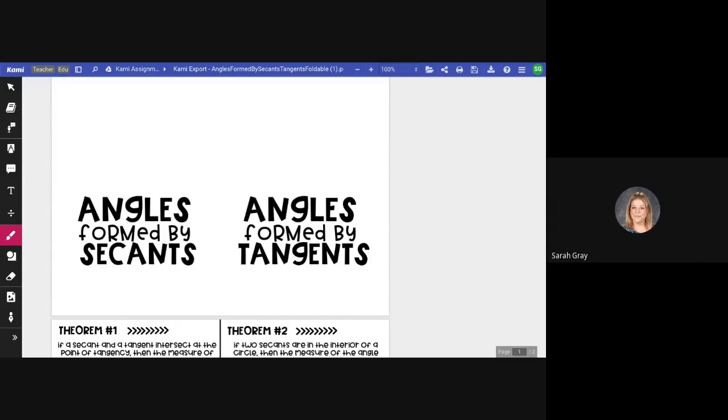So we are working on angles formed by secants and angles formed by tangents today.